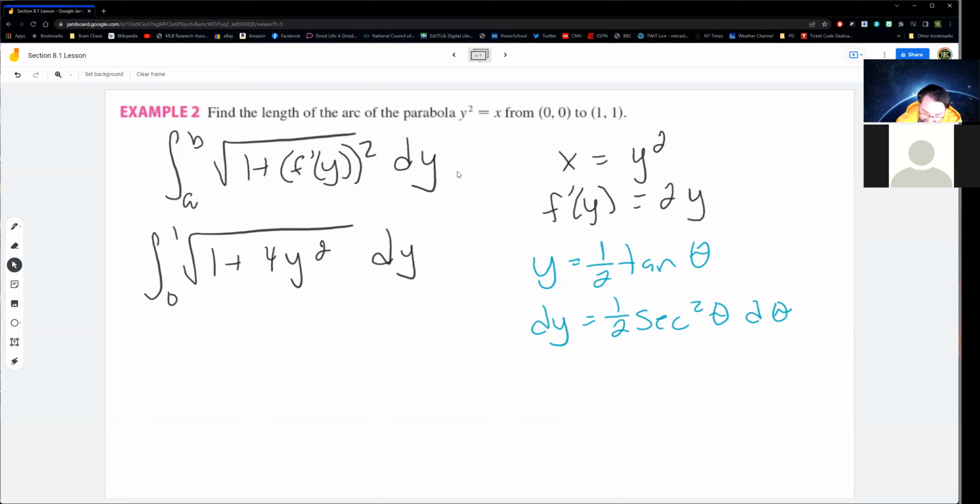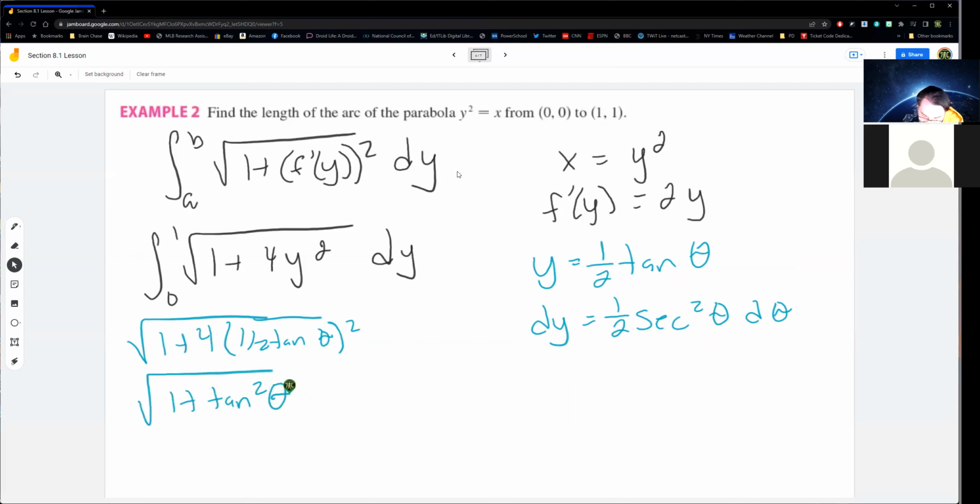And then this part in here, my square root of 1 plus 4 times (1/2 tangent theta) squared ends up equaling just 1 plus tangent squared theta, which is secant squared theta. So this whole part equals just secant theta.